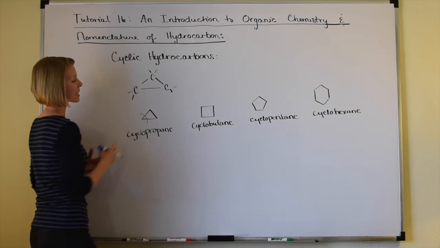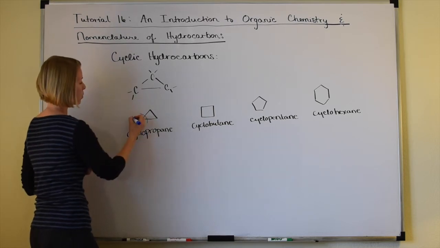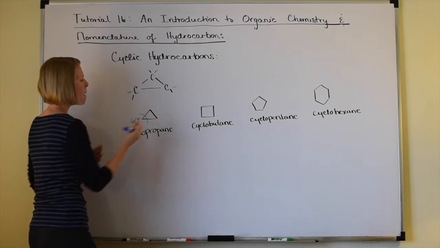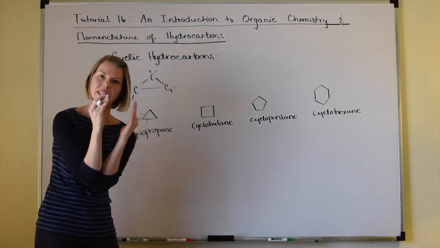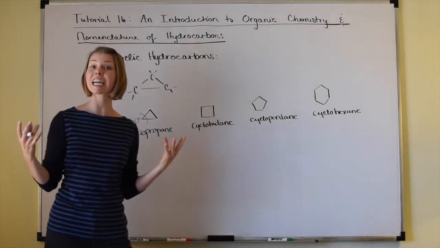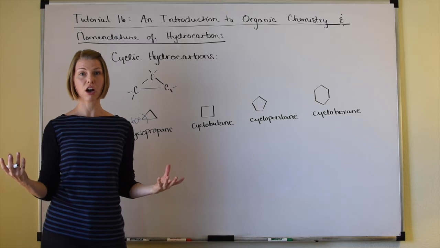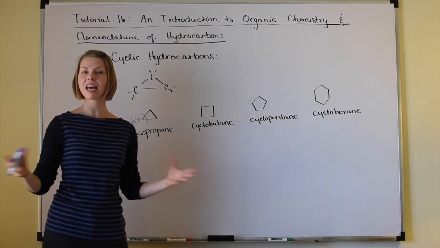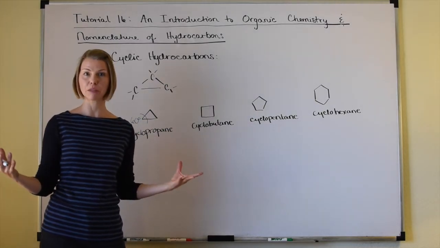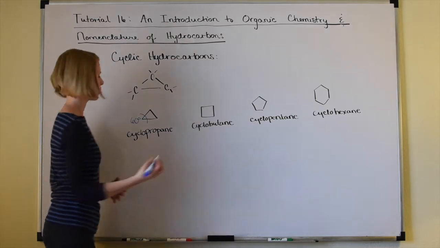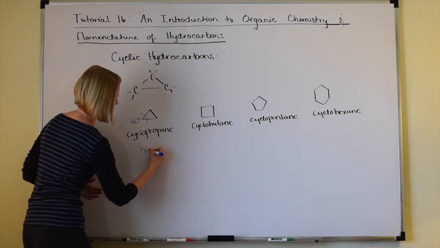So for example, in a cyclopropane, this bond angle would have to be 60 degrees, much more compressed than that typical tetrahedral geometry where carbon has 4 bonds that are 109.5 degrees apart in 3-dimensional space. So this is highly strained.